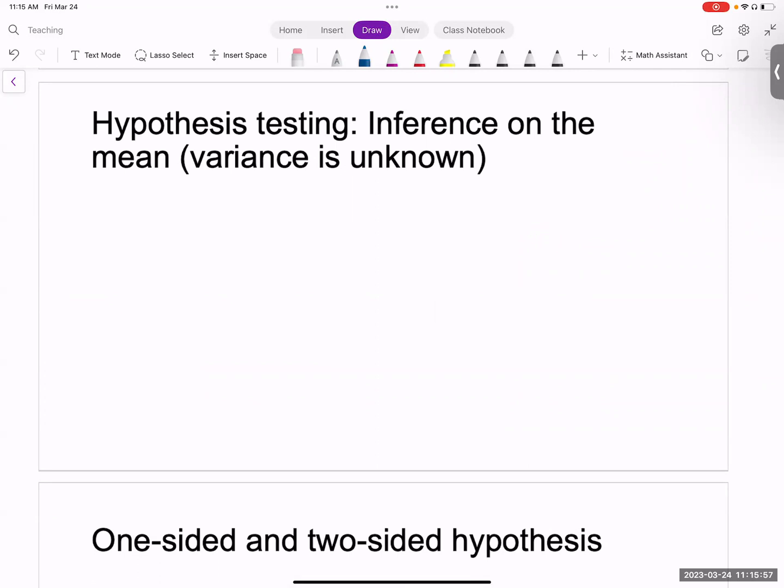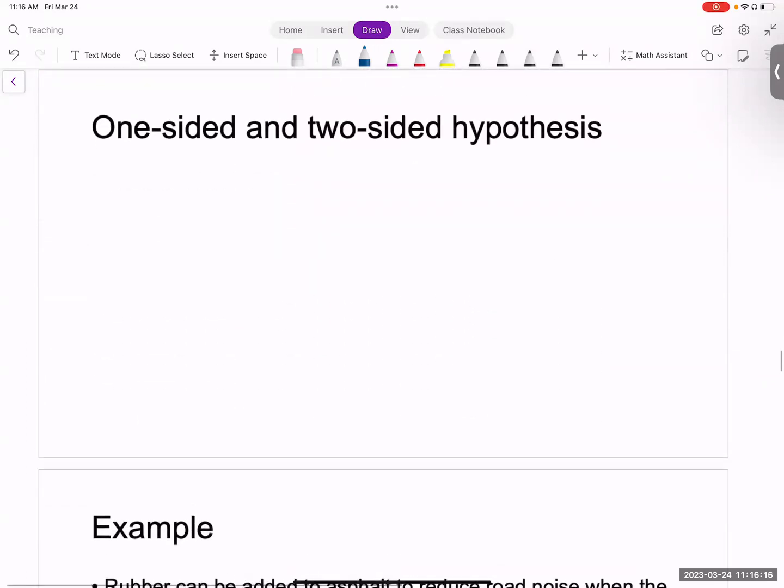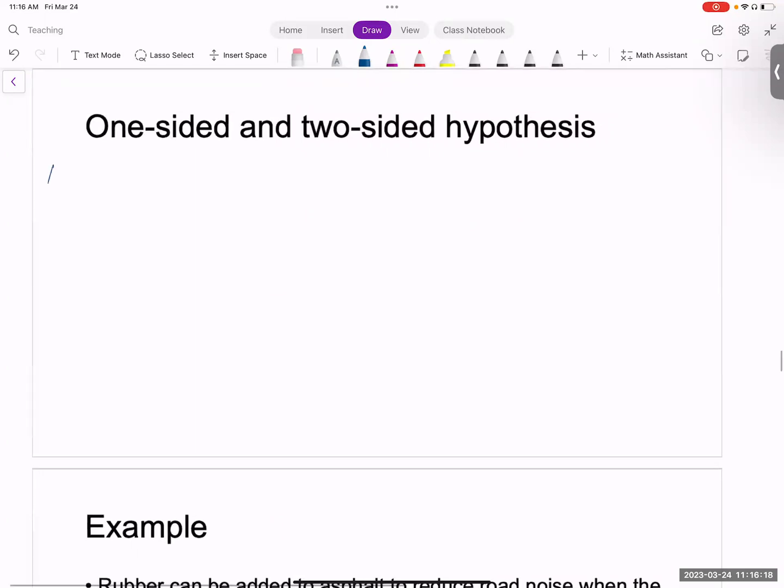When the variance is unknown, our test statistic is denoted by T0, and this is equal to x bar minus mu 0 divided by square root of s squared divided by n. That's your test statistic. Once you have the test statistic, let's write down our hypothesis testing. H0 in this case is, again, mu is equal to mu 0, and then you can have three different scenarios.